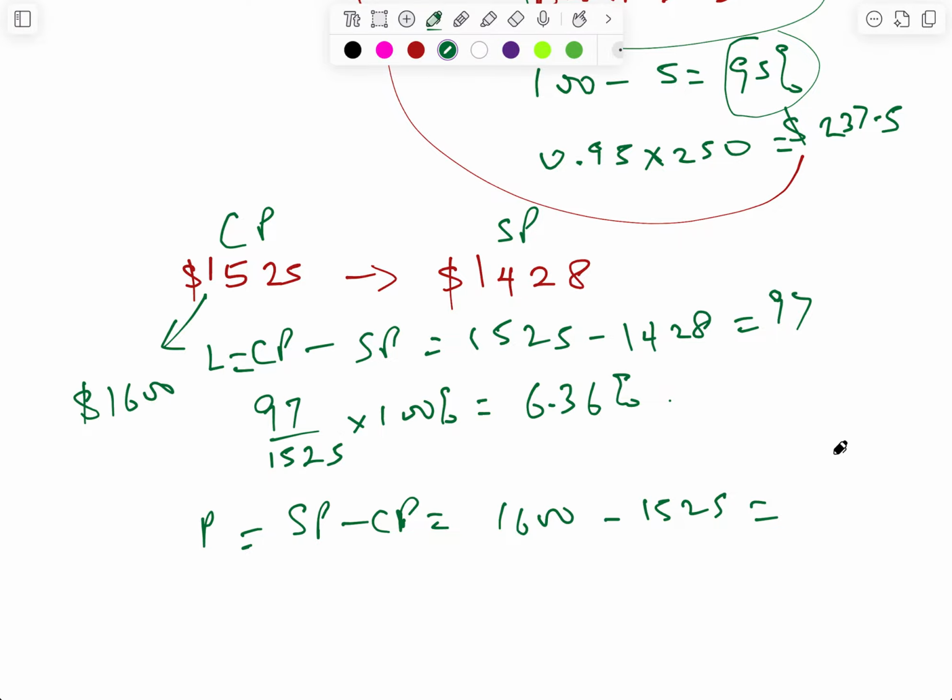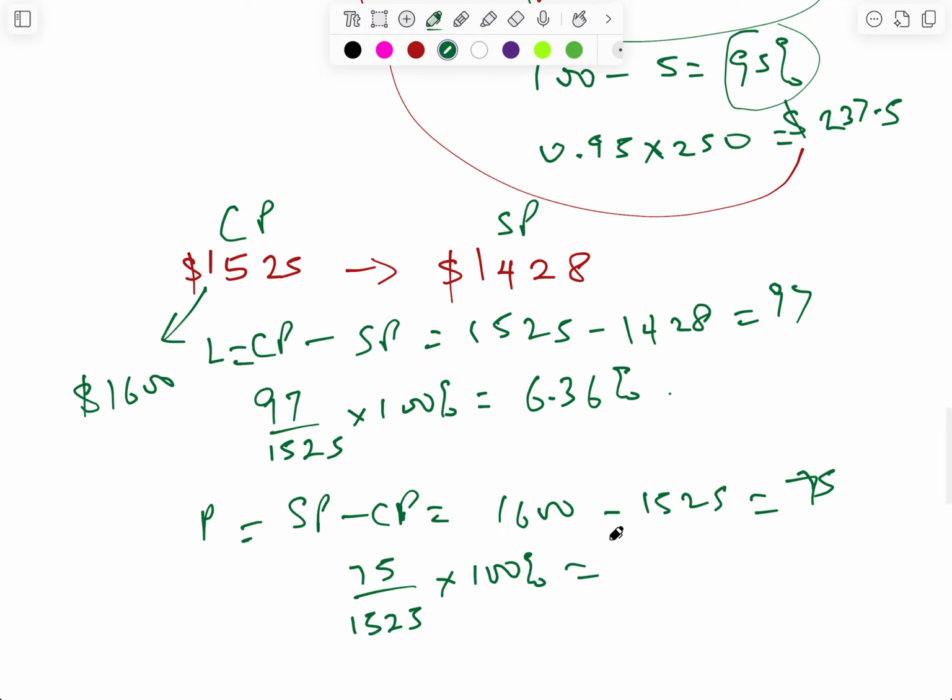That's going to be 75. So you have 75 divided by 1,525. You can see that I'm not using the bigger number. I'm always using the cost price. Whenever you want to change from numbers to percentages, you always reference the cost price. That is the standard of comparison in this case.